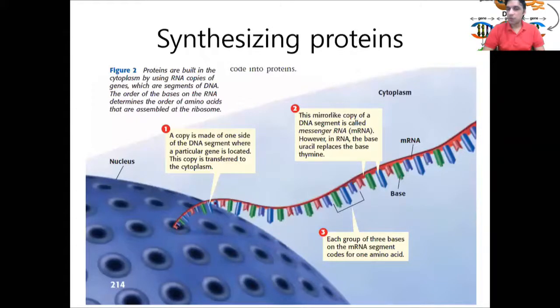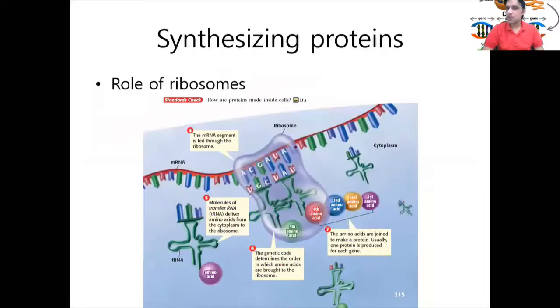This copy of messenger RNA is created out of the DNA from the portion which is called the gene. And then using this sequence, the next step is protein synthesis. Within the ribosomes, as you know, it is responsible for protein synthesis.